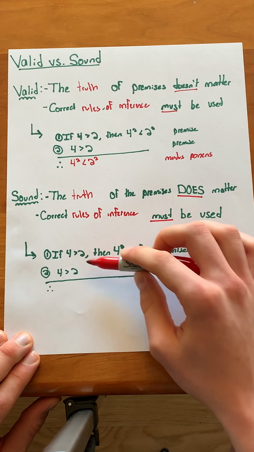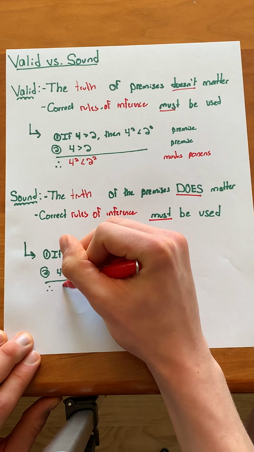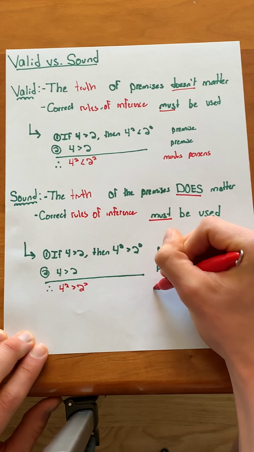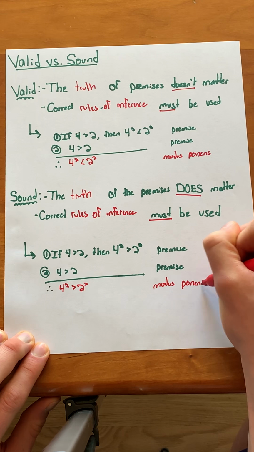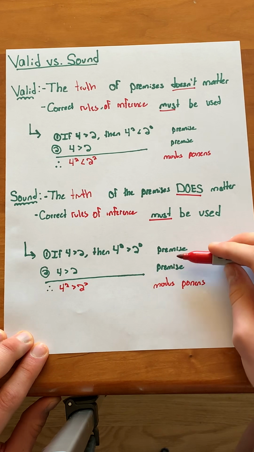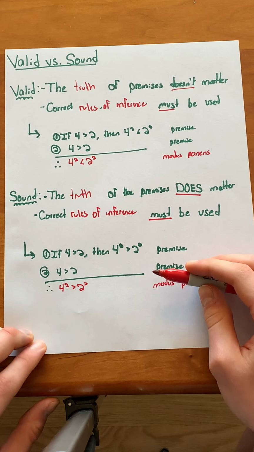And similarly, 4 is greater than 2. Again, using modus ponens, we would conclude that 4 squared is greater than 2 squared. In this case, our premises were true, and we used the correct rule of inference. Therefore, this argument is sound.